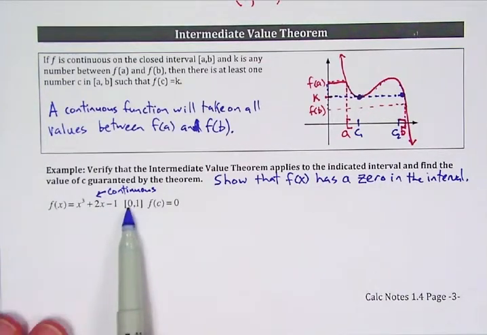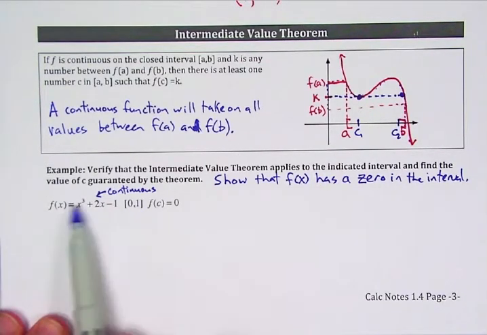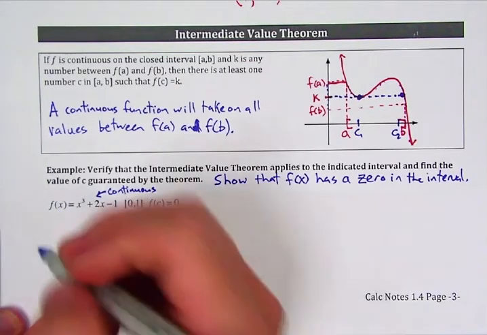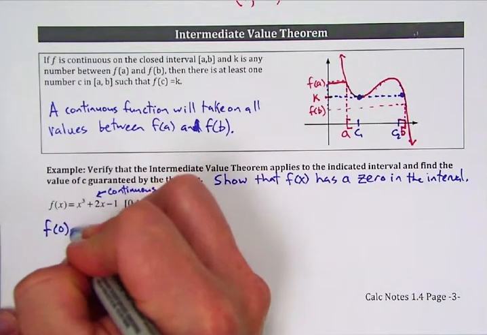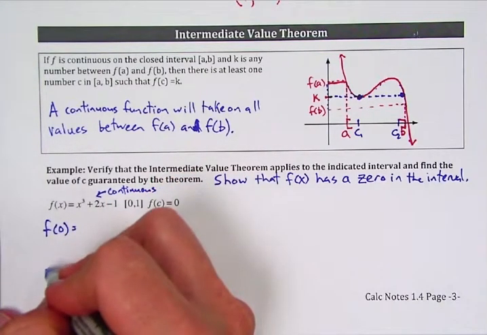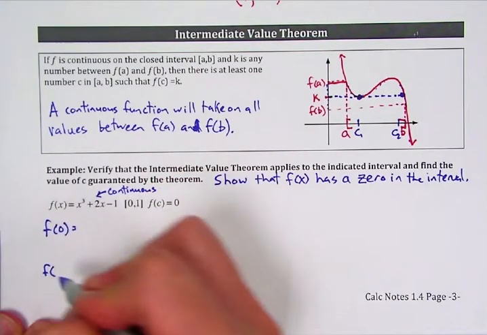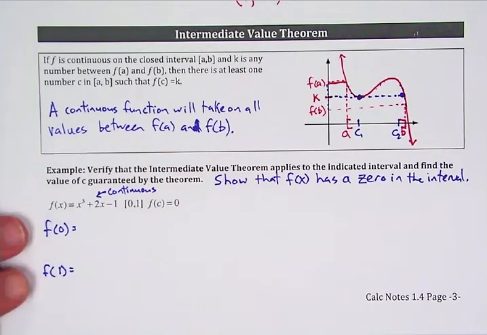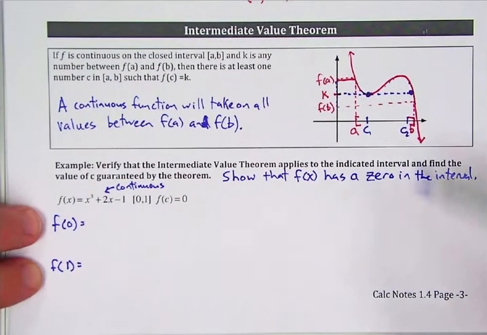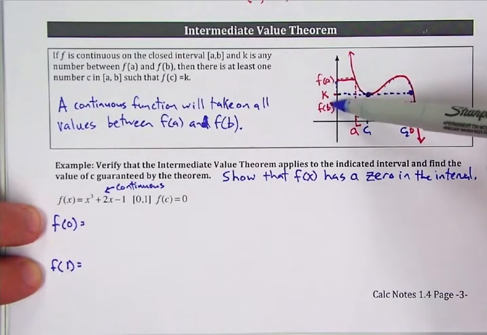So what we're going to do is we have our interval 0 to 1, and we need to substitute that into our function. So we're going to find what's going on at f of 0, and we're going to find out what's going on at f of 1. Notice these two values here are going to correspond to these two values right here.